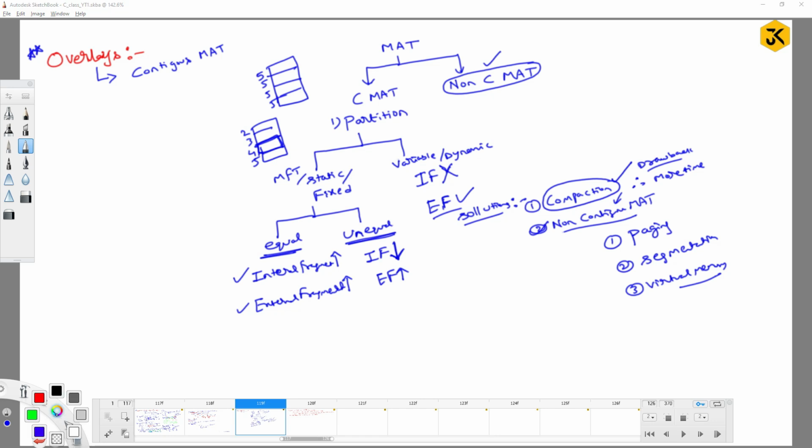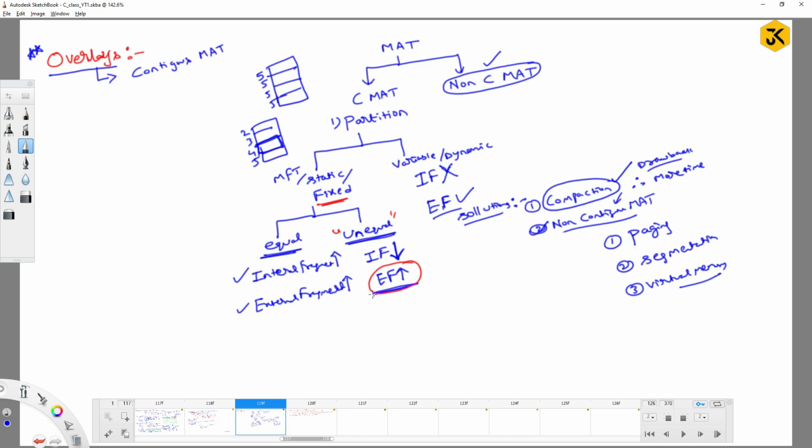So here we have to concentrate on this particular area. When you have unequal fixed partitioning, external fragmentation is going to be more. So what will be the solution? The solution will be something like overlays. Why are you getting the external fragmentation?